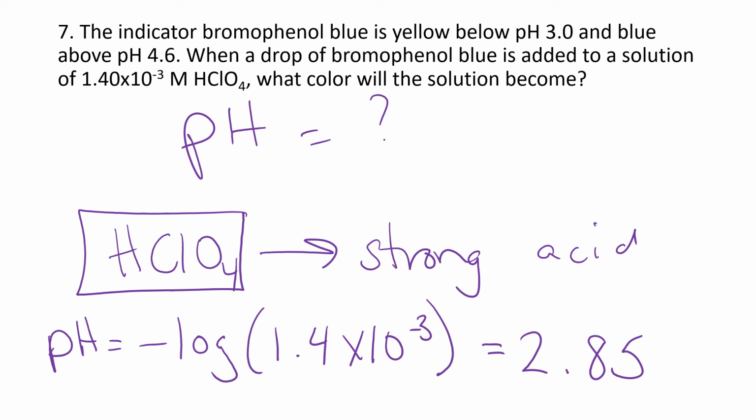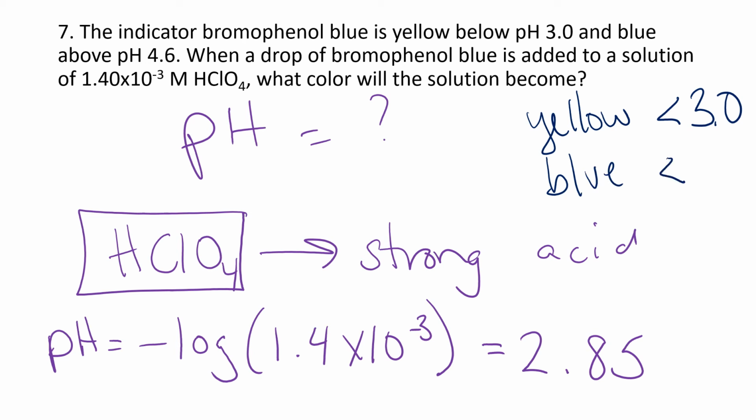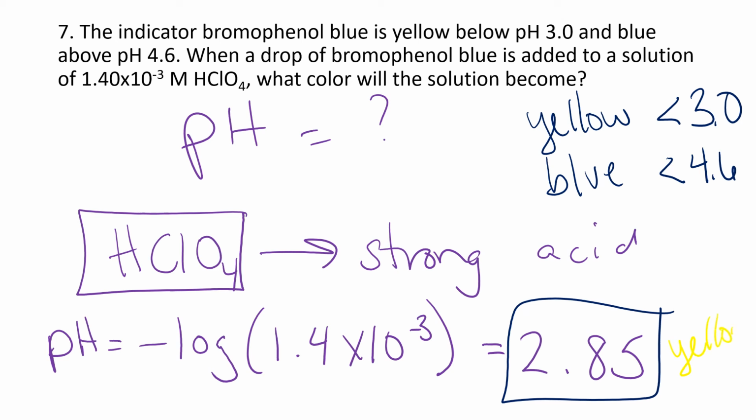It is a yellow color at pHs below 3, and it is a blue color at pHs greater than 4.6. So our pH is lower than 3, so the overall color of the solution will be yellow. Sorry, I know that you can't really see that, but I like to keep the colors. So yellow is the answer.